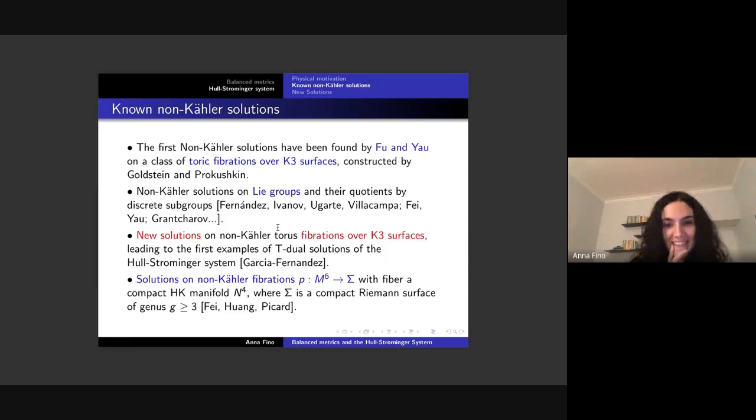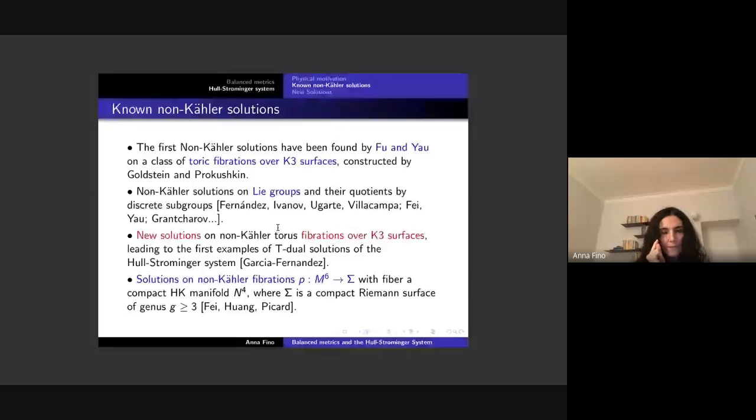And it generalizes essentially the Calabi-Eckmann construction that I mentioned at the beginning. And then there are plenty of non-Kähler solutions on Lie groups and their quotients by discrete subgroups, by Fernandez. I want to say that in the first non-Kähler examples, they consider as connection nabla the Chern connection.